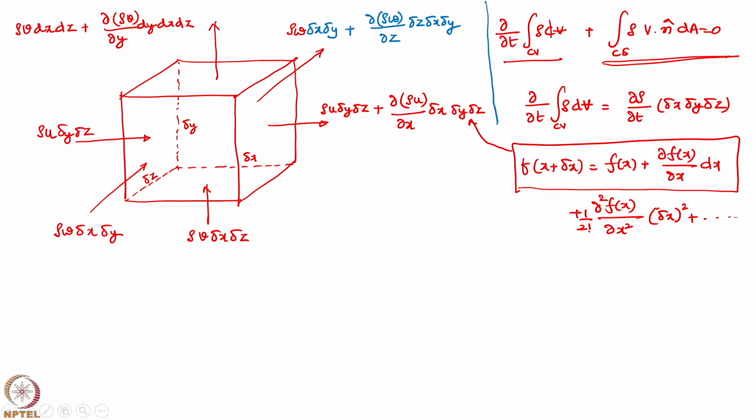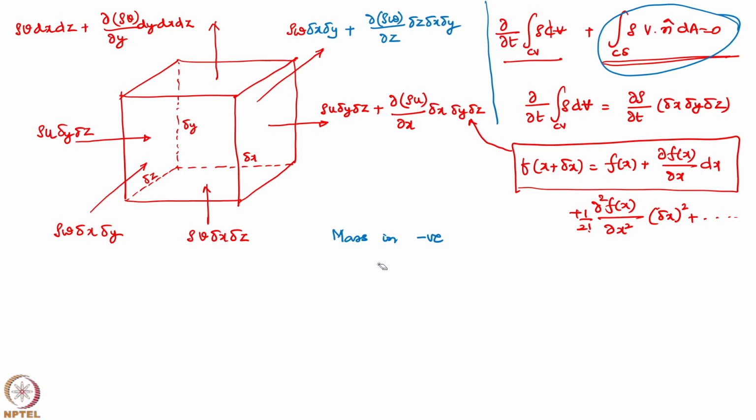Okay. So, now we are writing, remember we are doing this across the control surface. My control surface is the surfaces of my parallelepiped. So, whatever is getting in, mass in always will be negative, because the cos theta is going to be between the vectors, that is it is going to be negative.